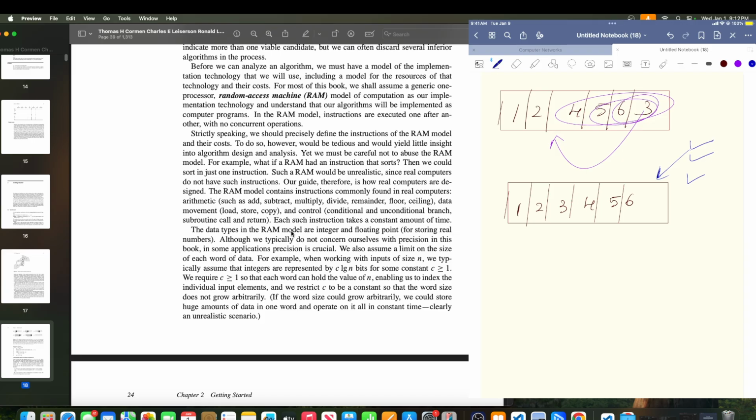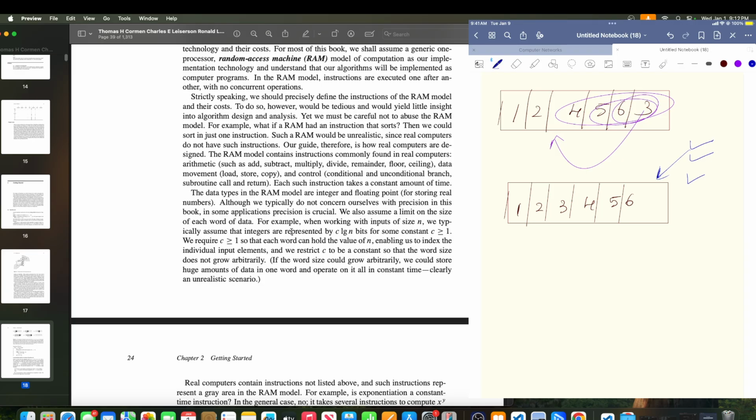All these possible instructions take only one unit of time. The data types in the RAM model are integers and floating point. For real numbers, however, we typically do not concern ourselves with precision. In this instance, we assume a limit on the size of each word. For example, when working with inputs of size n, we typically assume that integers are represented by c log n bits.